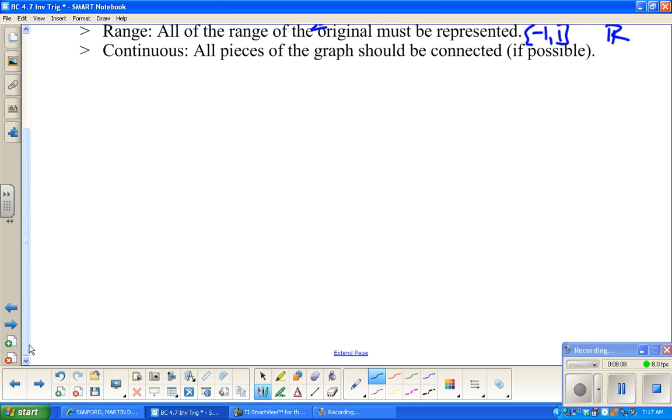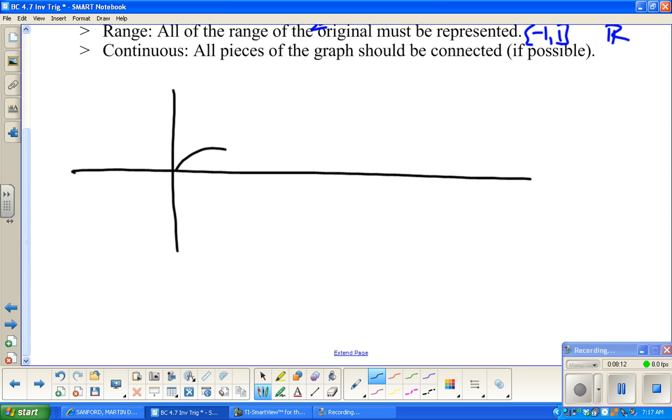Okay, so what's all that mean? Again, the original sine graph looks like this. Here's 0, pi, 2 pi. This goes from negative 1 to 1.